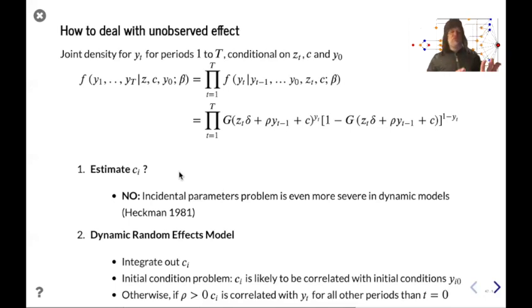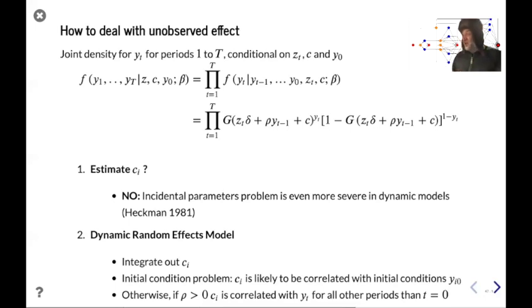Before we move on, let's look at that joint density. The joint density for the sequence of choices, you can always write that conditional on that unobserved effect. Even though we don't observe it, it's a good idea to start by writing it up conditional on things we could potentially condition on. Here is a sequence of choices from period 1 up to capital T. We want to model the joint density of this sequence of choices in our dynamic model.